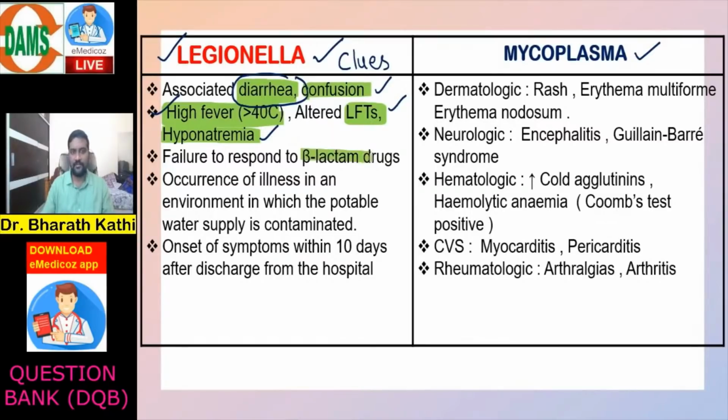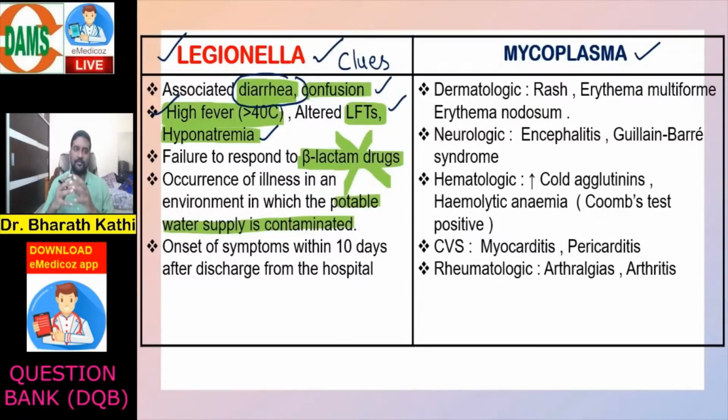So routinely given antibiotics such as beta-lactams will not work here. And Legionella is spread through contaminated water. So when can you suspect this to be Legionella? Whenever you find occurrence of illness in an environment where potable water is contaminated with Legionella. And generally contaminated water will be found in hospitals.